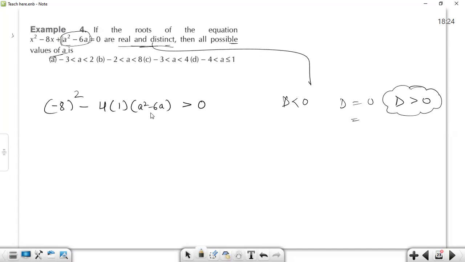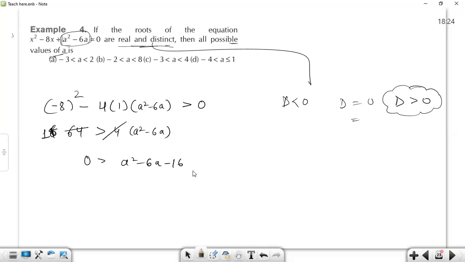So now let's solve for a. 64 bringing this into the right hand side. Correct? So now a square minus 6a minus 16.